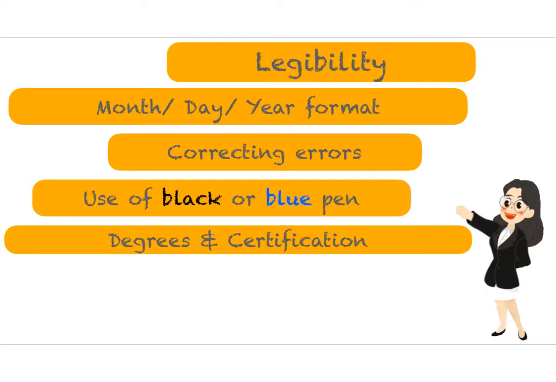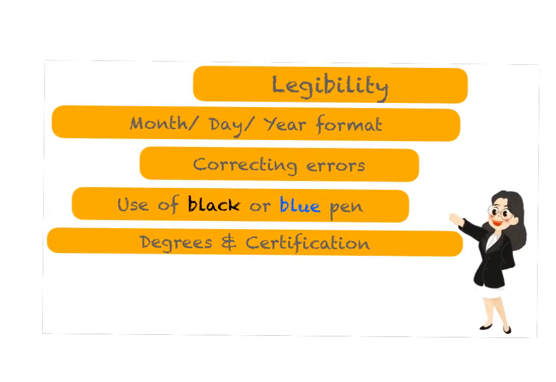Okay, another thing that you need to consider is the degrees and certification. Okay, for the degrees and certification, these are the suffixes, okay, at the end of the examiner's name.